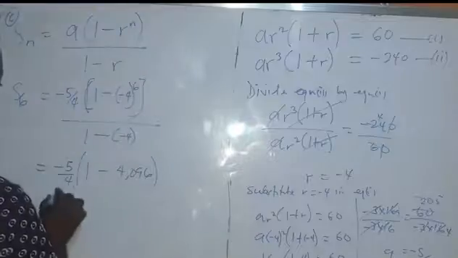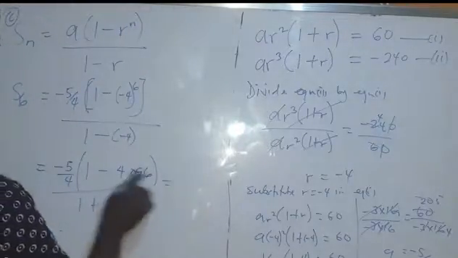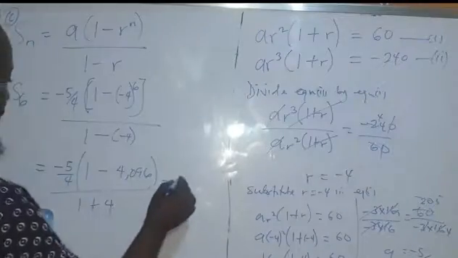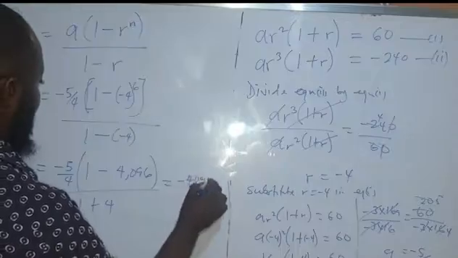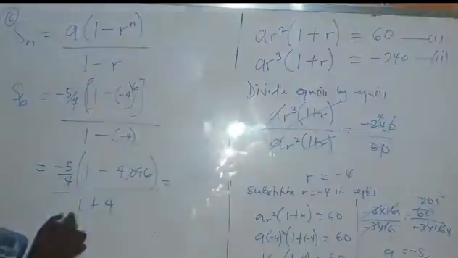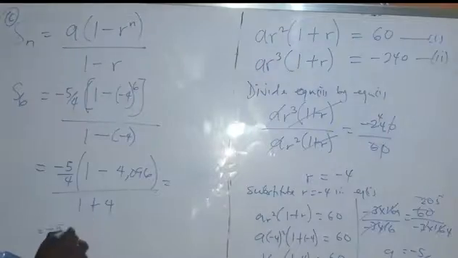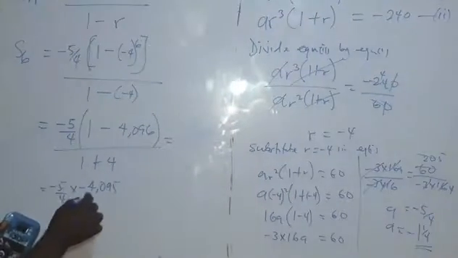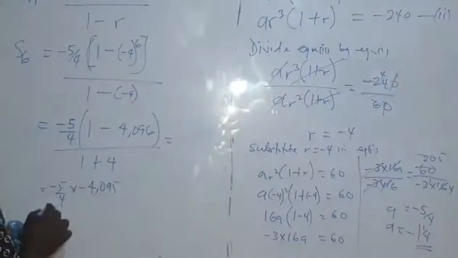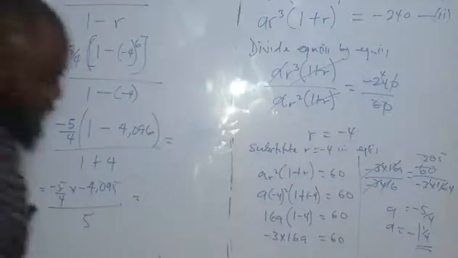So everything divided by 1 plus 4. So we subtract, this will give us minus 4,095, right? So this will give us minus 5 over 4, then times minus 4,095. Everything divided by 5. 1 plus 4 gives us 5.